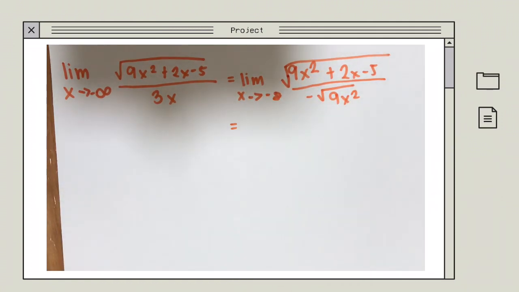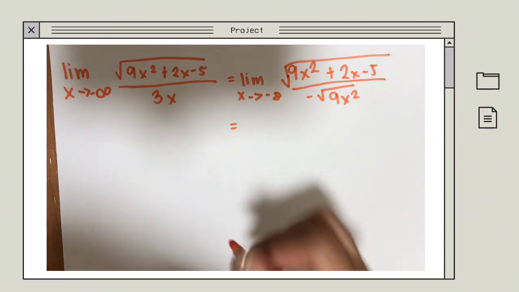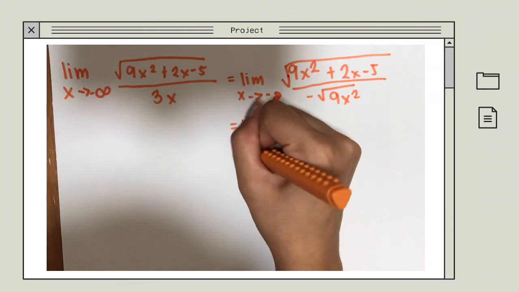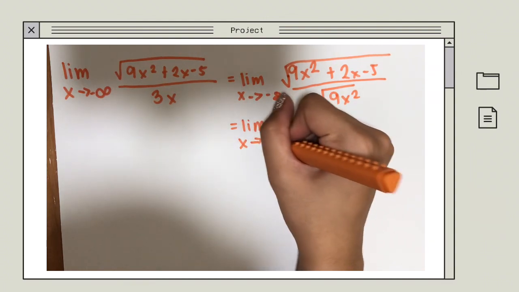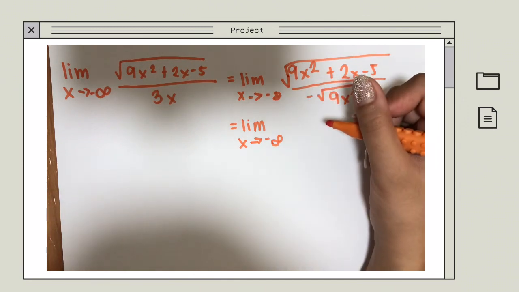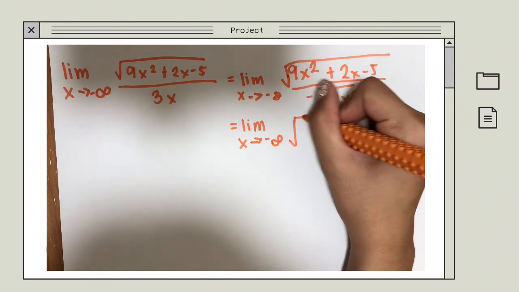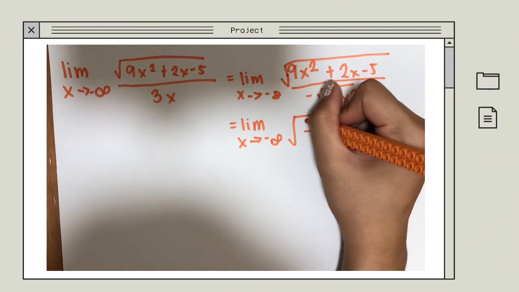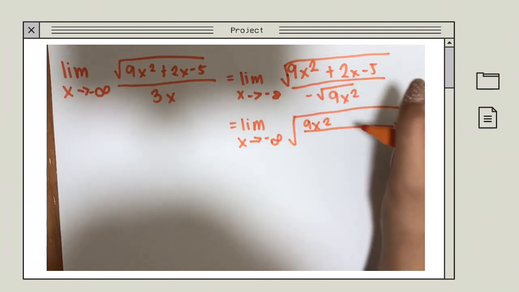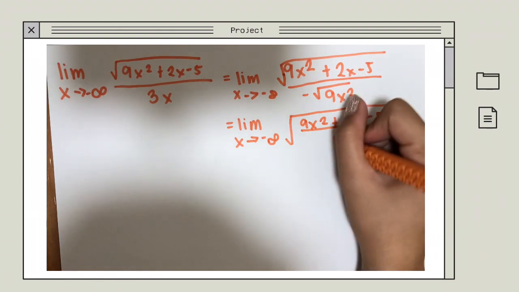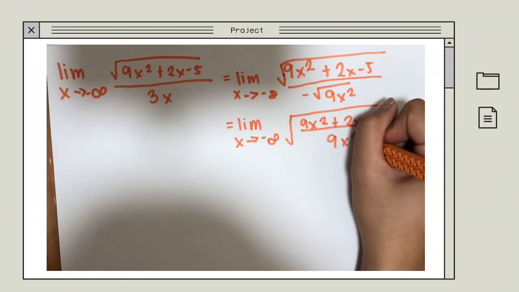And when we evaluate that first example, we will do the limit as x approaches negative infinity of the square root of 9x squared plus 2x minus 5 over the square root of 9x squared.